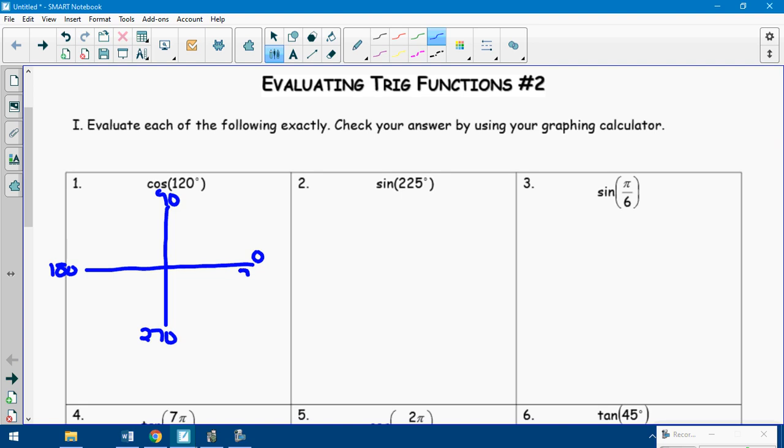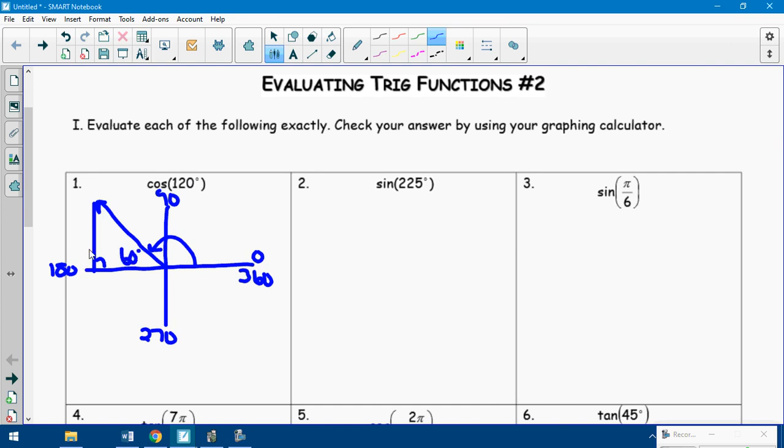Is that getting tedious yet? I hope so, because I want it to be tedious because that'll be ingrained in your mind. 120 is in quadrant 2. So show me your angle. Then you draw your triangle. Figure out your reference angle. If this is 120, what's my reference angle? I'm attached to 180, so if I subtract those two, I'm going to have 60.